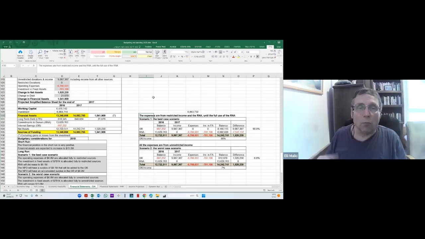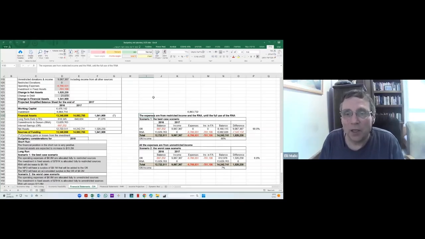The restricted net assets cannot be negative. Okay, remember the restricted net assets are our commitments to donors. There is no situation in which the donors have a debt to us, okay? It is always money that we receive and haven't spent.